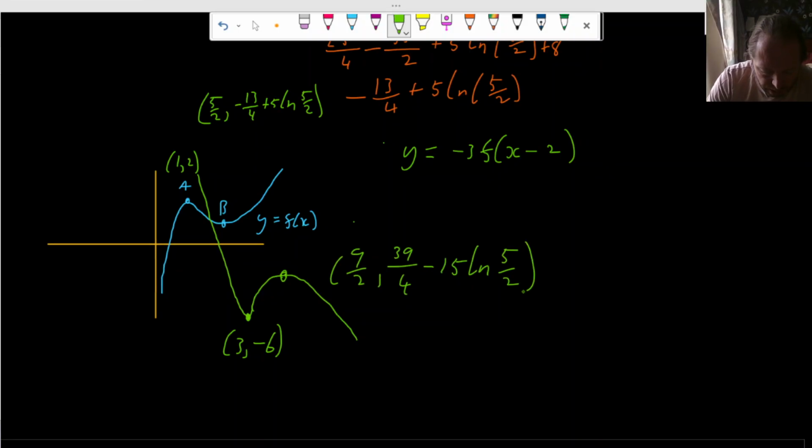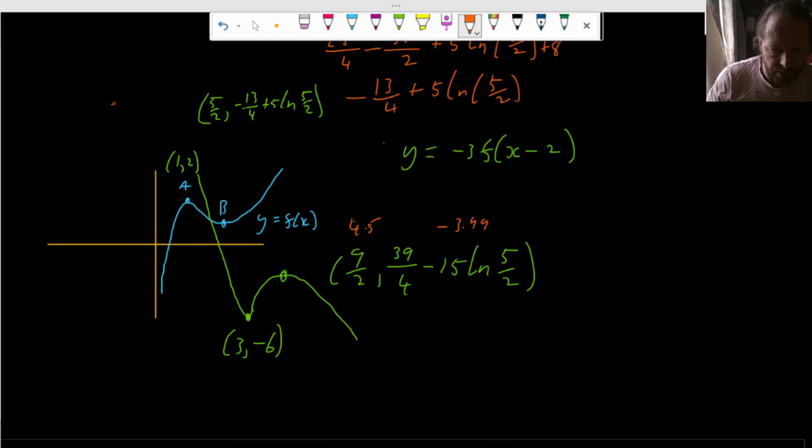Okay, which is roughly minus 3.99. Okay, which is why it's up there like that, and of course 9/2 is 4.5 if you wanted it as decimals. Okay, so there it is.